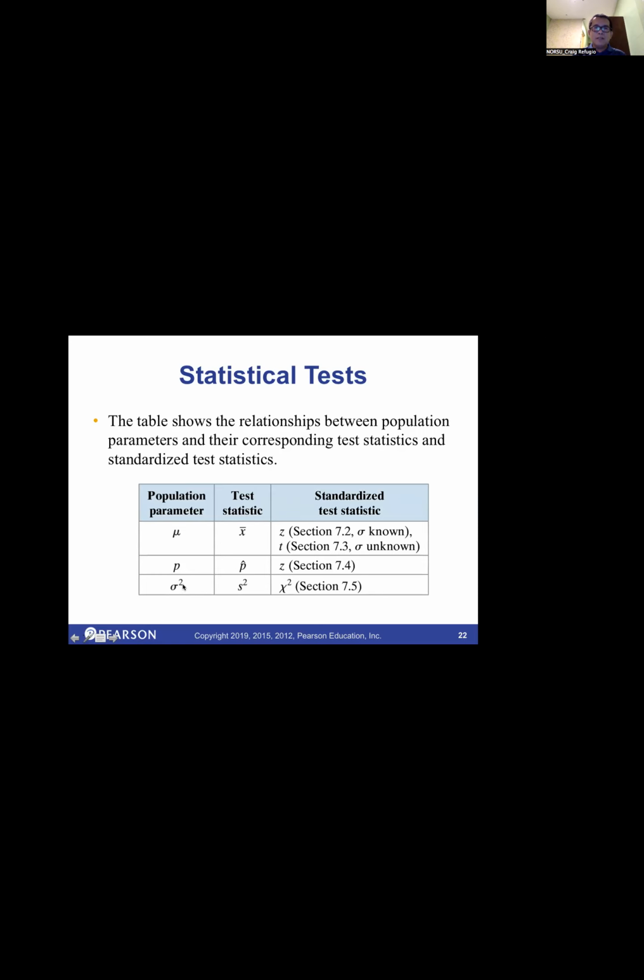Sigma squared is the population variance, s squared the sample variance. Sigma alone refers to the population standard deviation, and small letter s alone refers to the sample standard deviation.